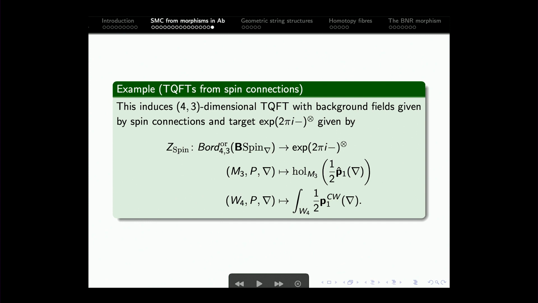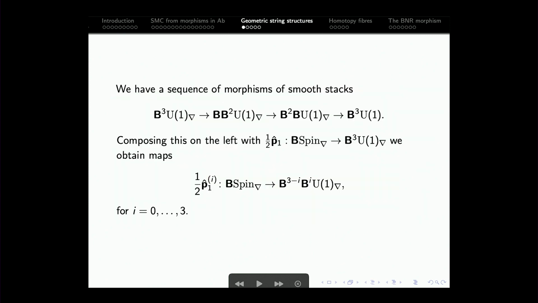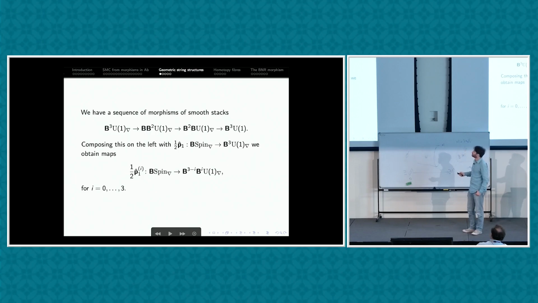And the second ingredient, as you see we are going here, will be geometric string structures. I said this is the topological part, this is the part with connection, and the part with connection in a B3 U1 bundle will have a topological datum that will be transition functions, but then will also be a 1-form part of the connection, a 2-form part, and a 3-form part.